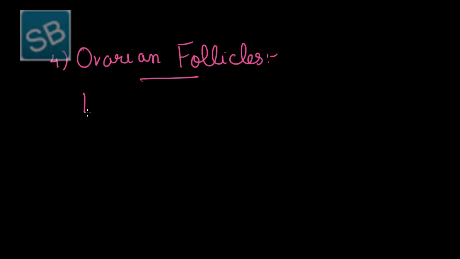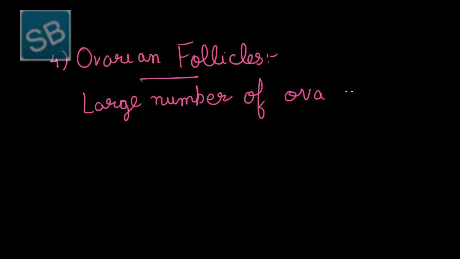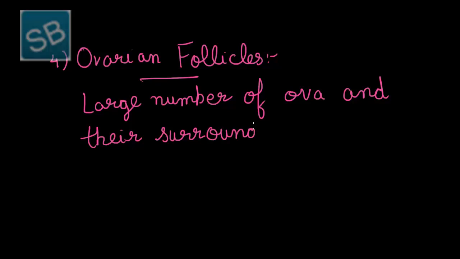These ovarian follicles contain a large number of ova, and their surrounding tissues occur in various stages of development. That is, the tissues which surround them develop at different stages of development.